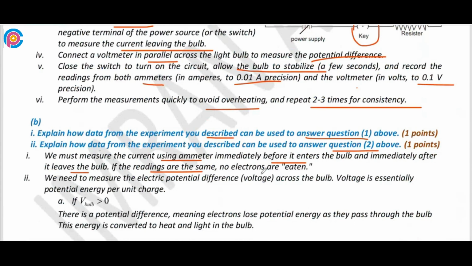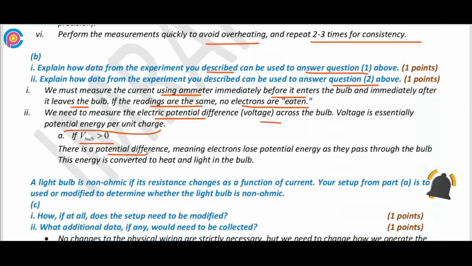If the readings are the same, no electrons are eaten, meaning the same number of charges enter and leave. For the potential difference across the bulb, we need the voltage, which is essentially potential energy per unit charge. If the voltmeter reading is greater than 0, there is a potential difference. It means electrons lose potential energy when they pass through the bulb, converting it to heat or light. So there is the answer to both.